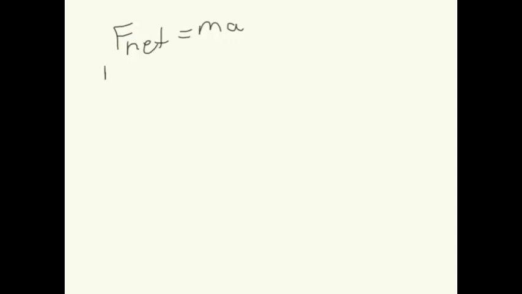So the F net, as we know, pulling down on them, is mg sine theta. Set that equal, subtract the force of kinetic friction from that, and then set that equal to mass times acceleration. As we know, force of kinetic friction is mu sub k times the normal force.